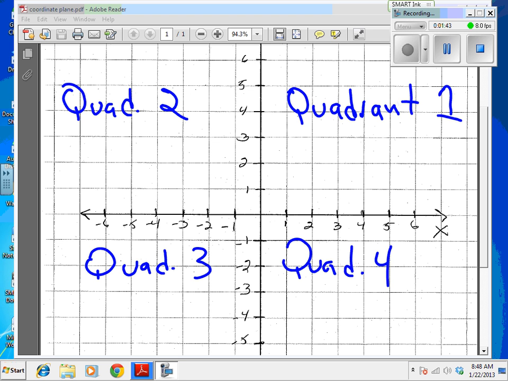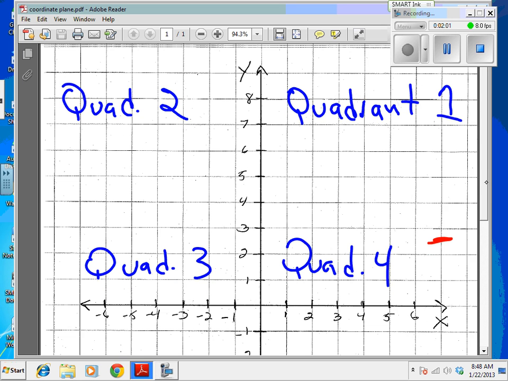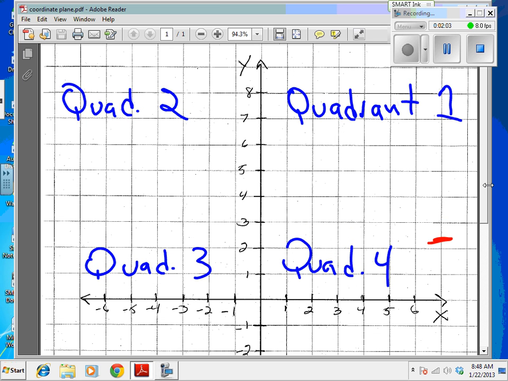Now, if you look at this, this is the x-axis, and this is, well, you can't see it because I moved it. And this is the y-axis, okay?